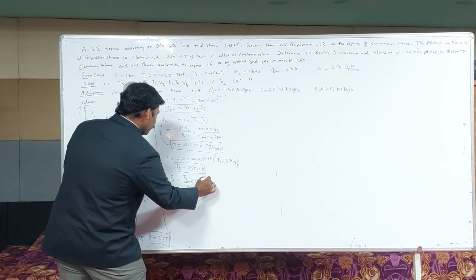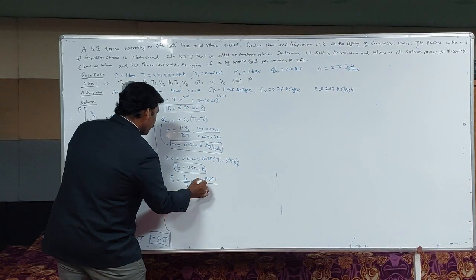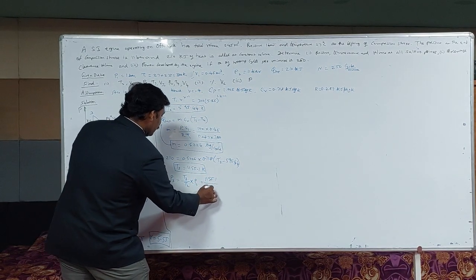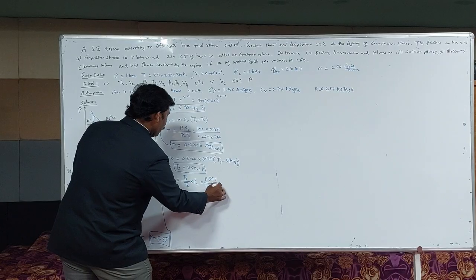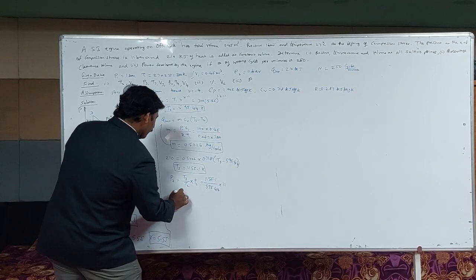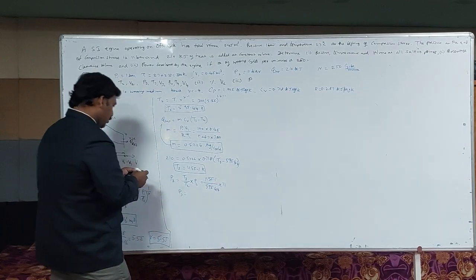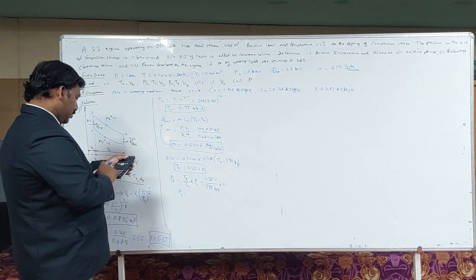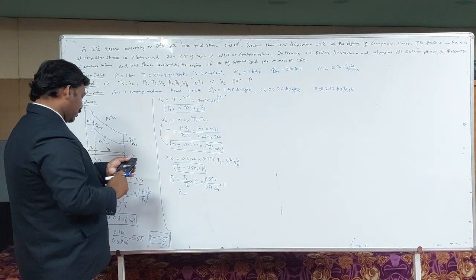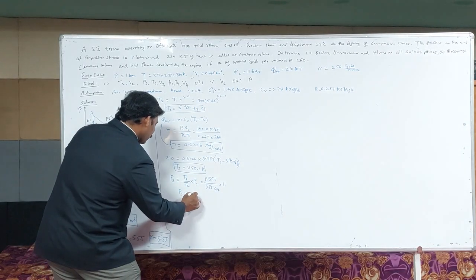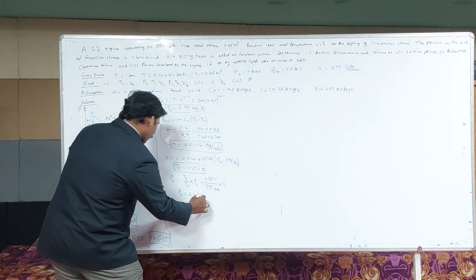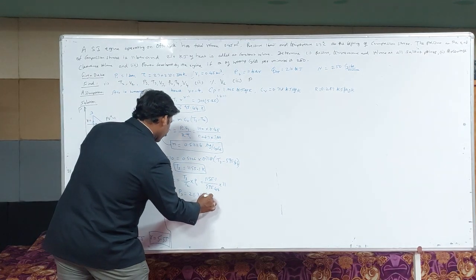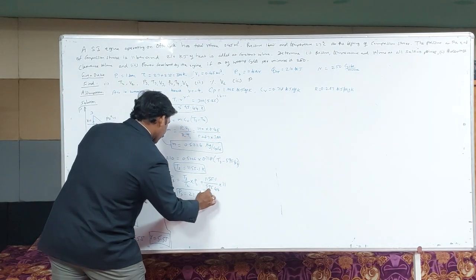The T3 is 1155.1 and T2 is 595.44 and P2 is 11 bar. Therefore, we get P3 is equal to 1155.1 into 11 divided by 595.44. We get 21.34 bar, that is P3.